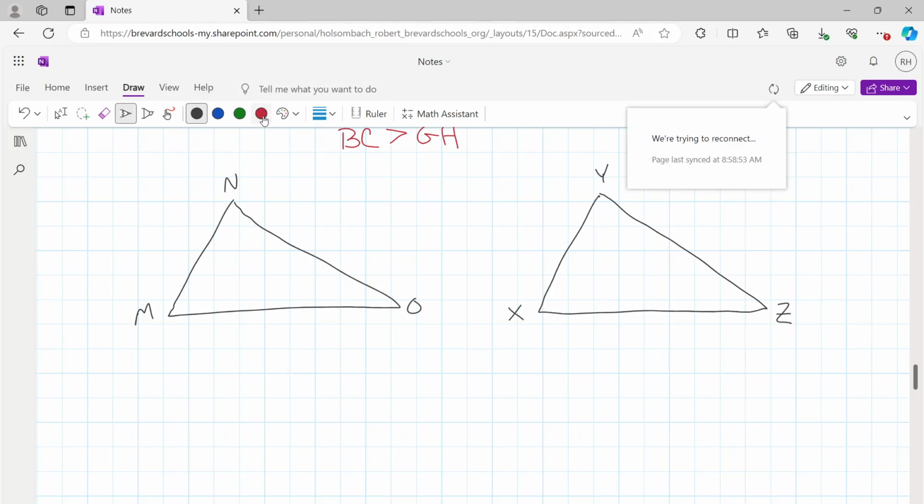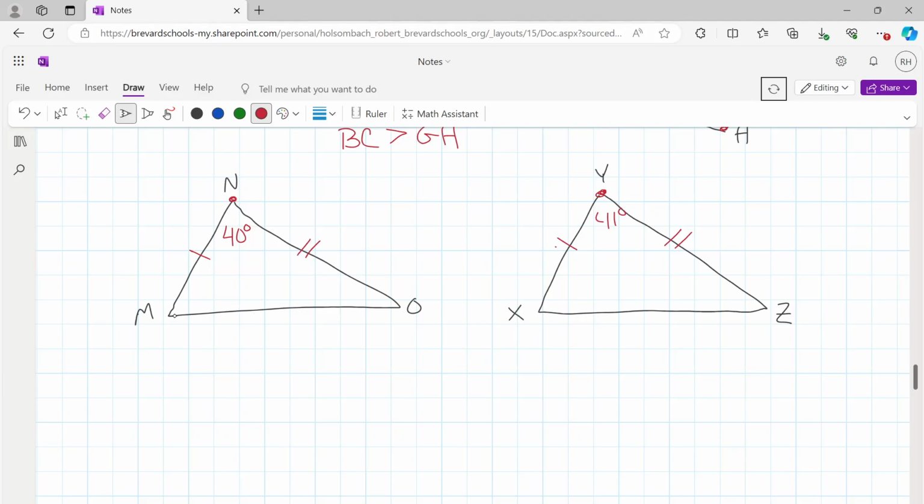Let's go with two sides of one triangle congruent to two sides of another triangle. Now the included angle in this first triangle is angle N. Let's make it 40 degrees. And let's make the included angle in the second triangle 41 degrees.